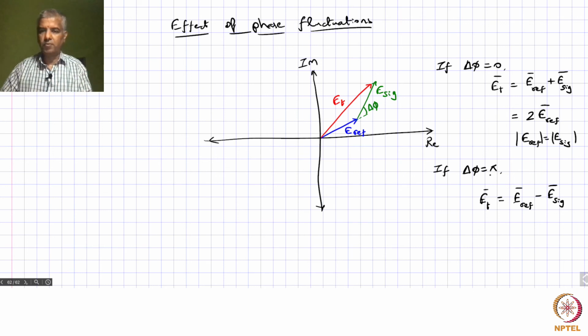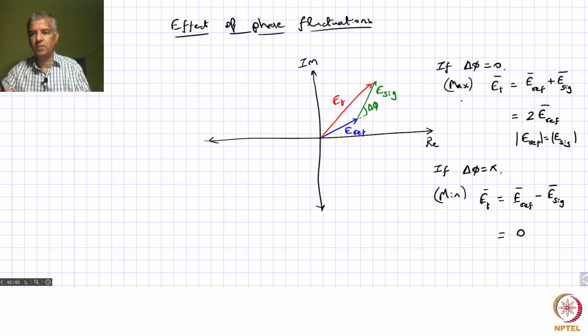But if delta phi equals pi and the magnitude of those two phasors is the same, then it perfectly cancels, so you would get 0. This corresponds to what we talked about previously: this is the maximum condition and this is the minimum condition, constructive interference and destructive interference.